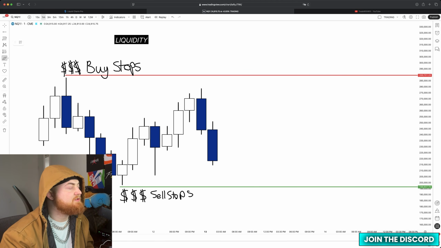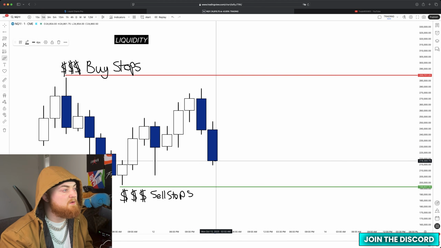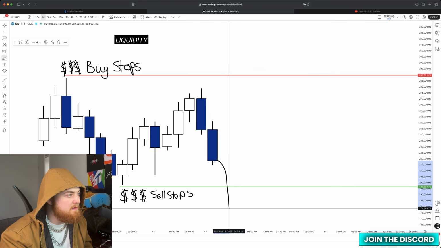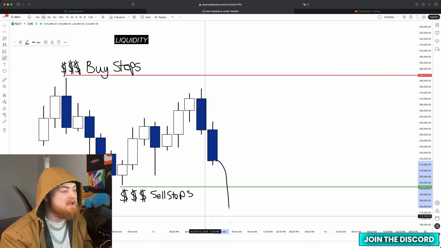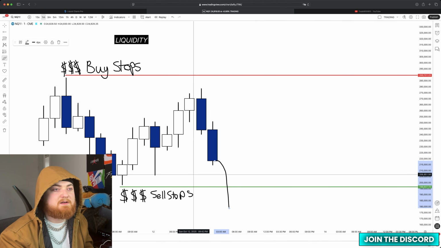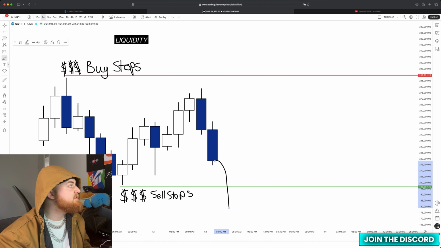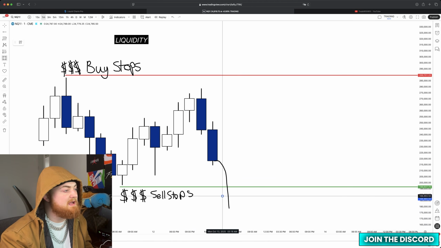What am I going to do? Well, in order to get filled at the price that I would like, I'm going to drive price underneath this low, and I'm going to buy from everybody's stop loss that is willing to sell to me here. From every sell stop order that's willing to sell to me here, I'm going to accumulate buy positions.